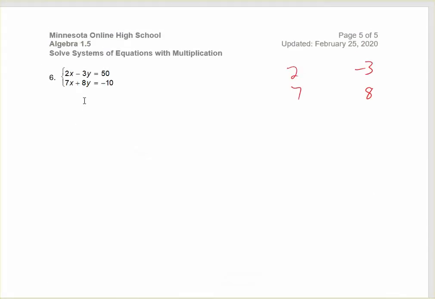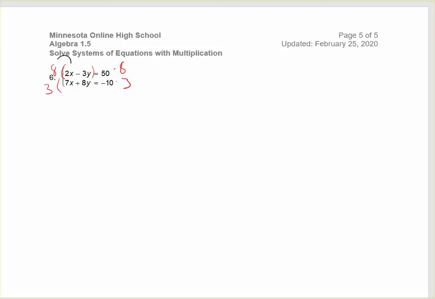So this problem is going to be done using what we just said. We're going to multiply the first equation by 8 and the second equation by 3, just like we decided in problem 1c. When you multiply the first equation by 8, you have to multiply every single term by 8.